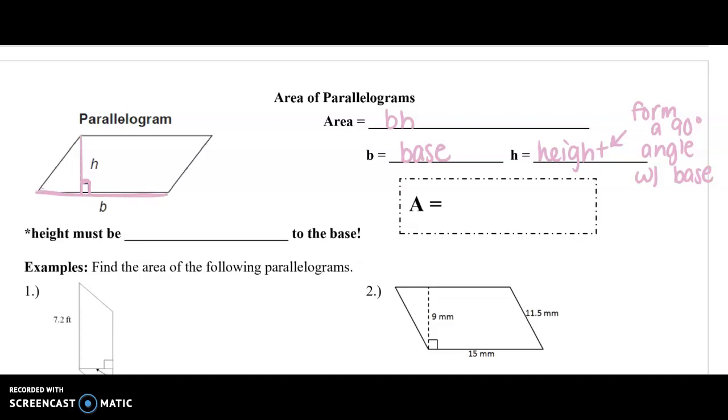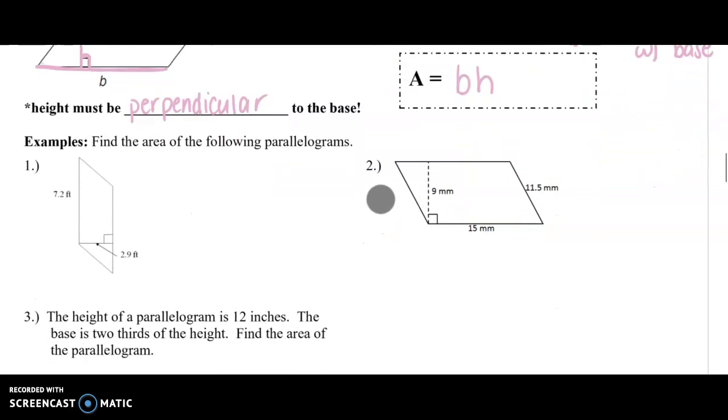That also helps me to figure out my bases. So again, base times height is the area for a parallelogram. The height must be perpendicular to the base. It must form a 90-degree angle.